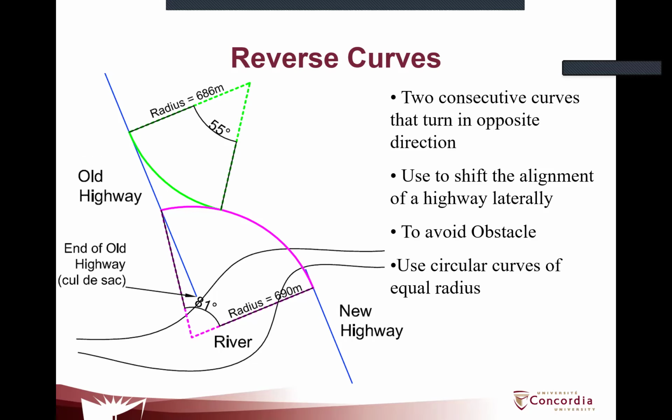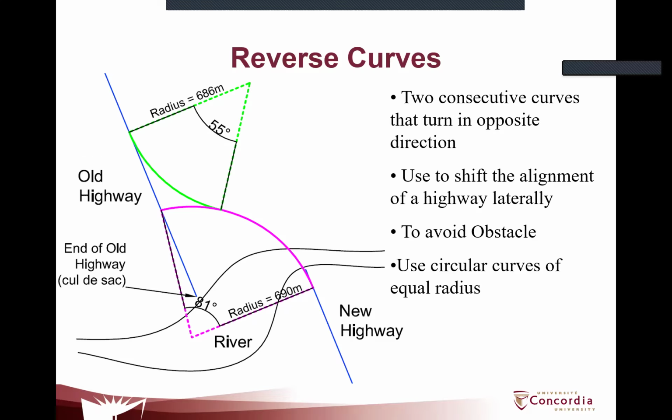And because of alignment, or perhaps because of an obstacle or a river, like in this case, you want to shift the alignment from the one of the old into the one of the new highway. And to do that, the best way is with a reverse curve, like the one illustrated here.